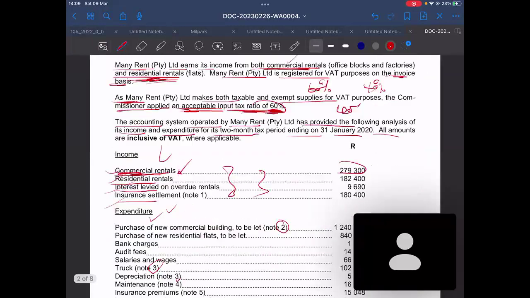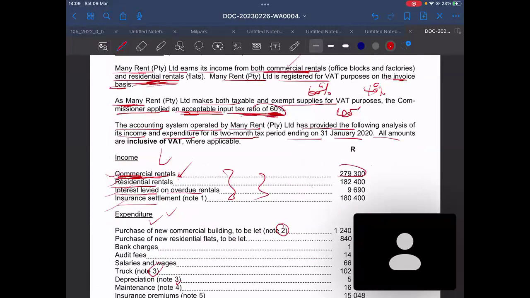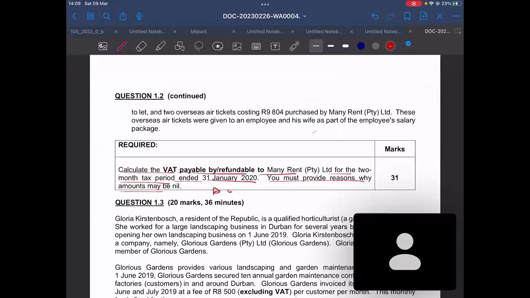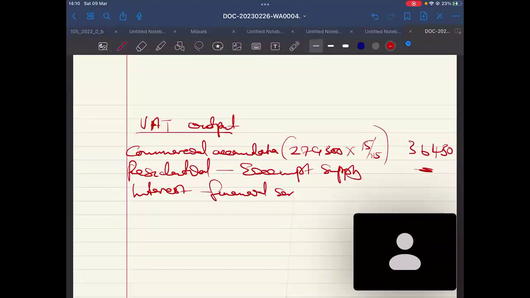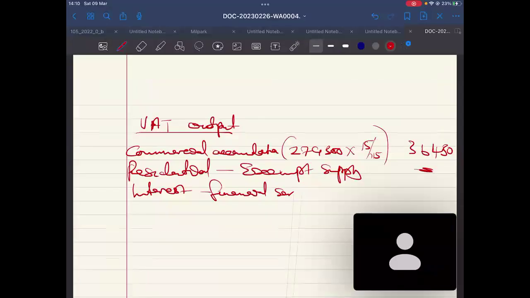What is it? Interest levied on overdue rentals. Interest is a financial service, exempt. You see why I'm saying it's a good question? Interest, a financial service, exempt. No VAT on financial services. You can just write exempt, still fine.